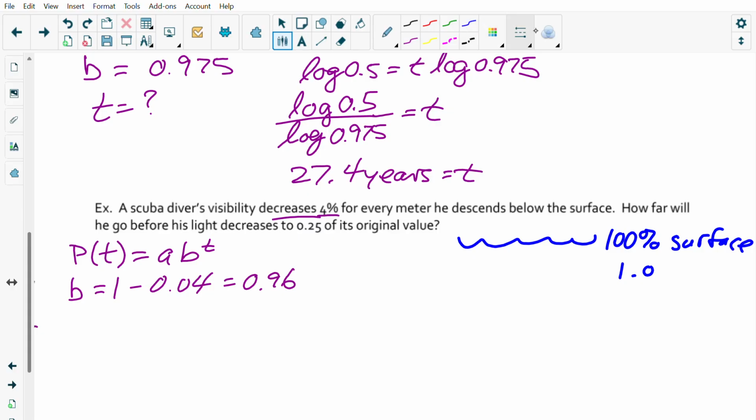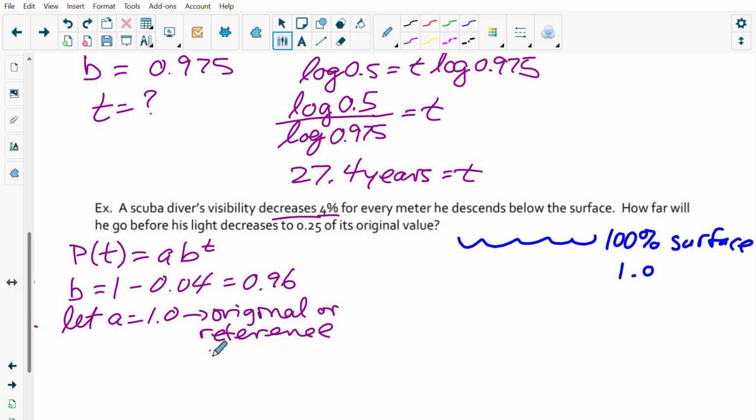So this is what it looks like here. I'm going to let A equal 1.0. This is the original or reference visibility.